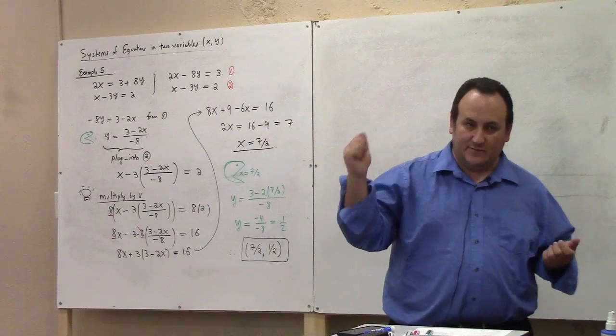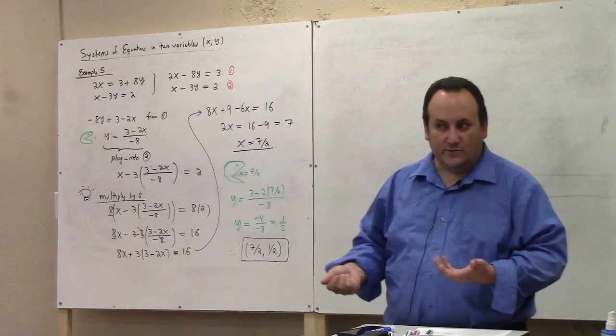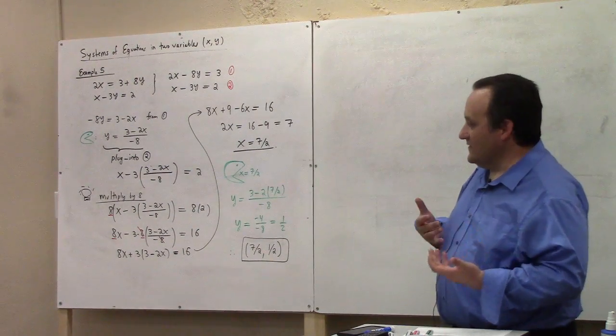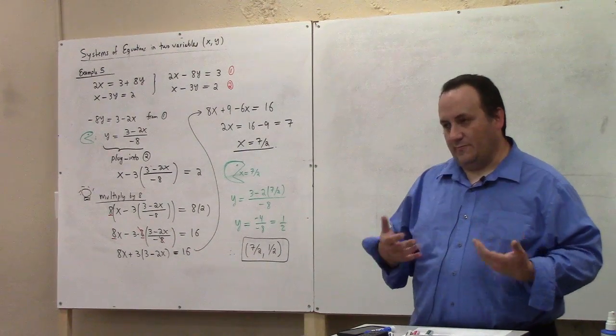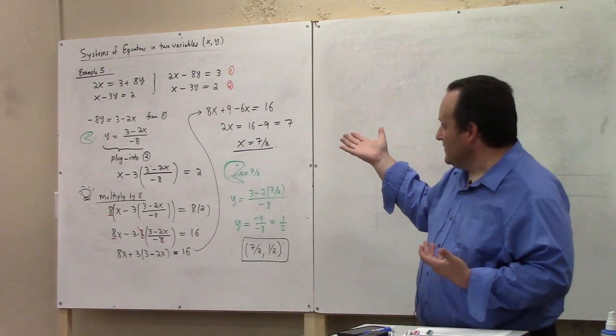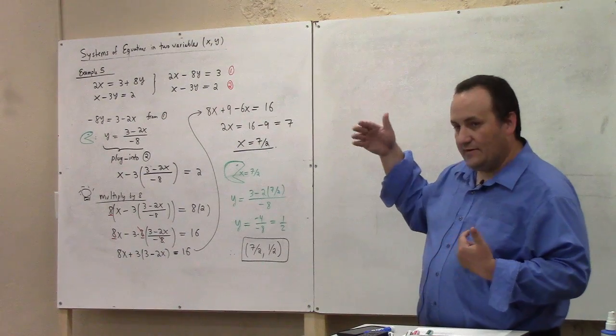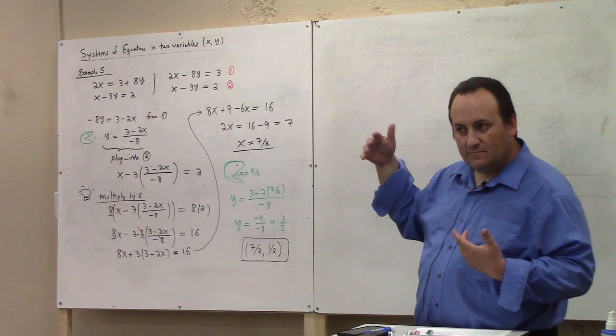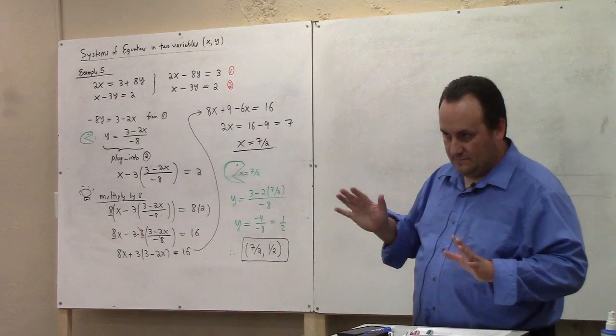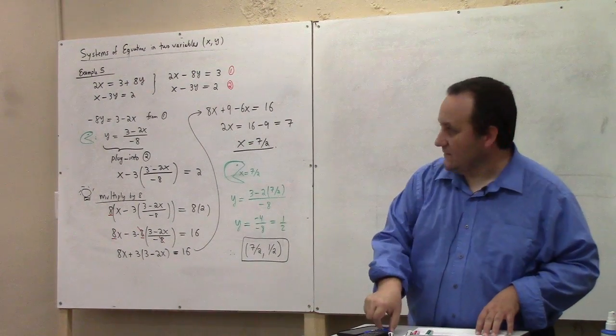You can do it, right? But is it the right thing to do? I'm not convinced it's the right thing to do. Personally, when I'm solving systems, if I can see a way to subtract or add the equations, it's usually nicer. And I think that's the case here.